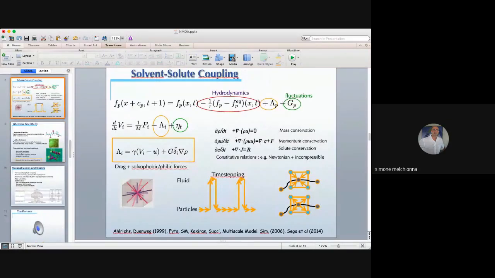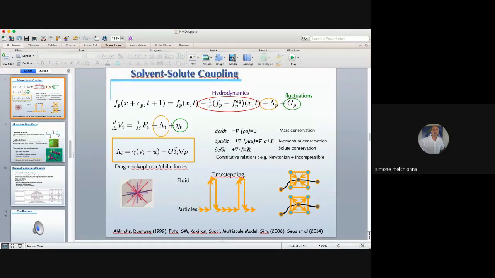So this solvent-solute coupling in general terms is made by a framework that allows exchange of forces, which can be momentum exchange, so basically drag forces, but also solvation forces, because again the chemical identity of species is important. The solvent has to have an intrinsic adhesive force, and so has to sense the presence of a hydrophilic versus hydrophobic type of atom.